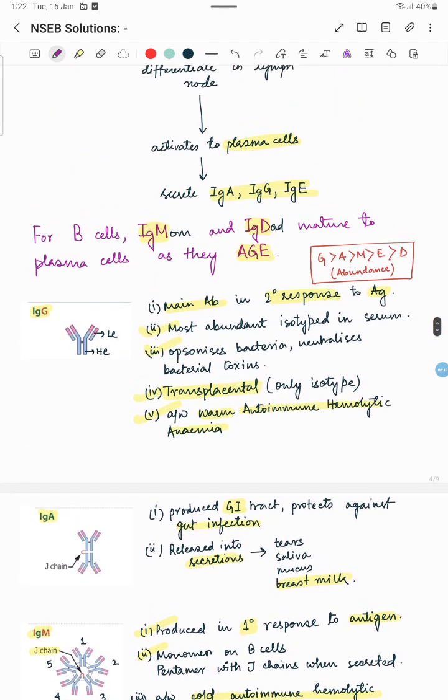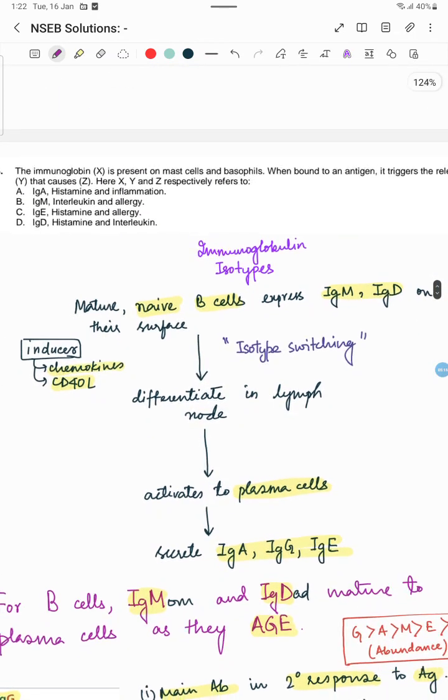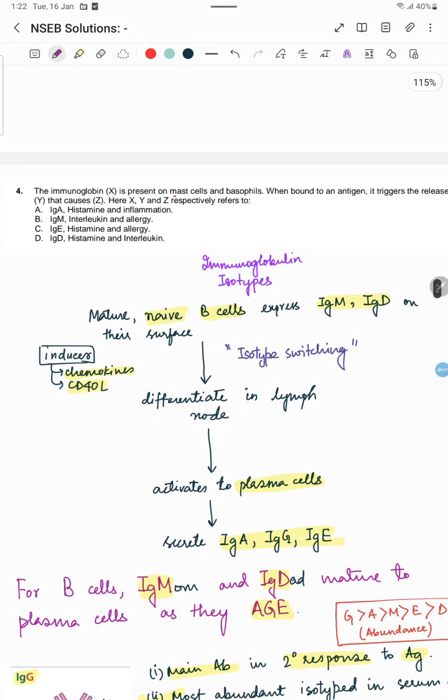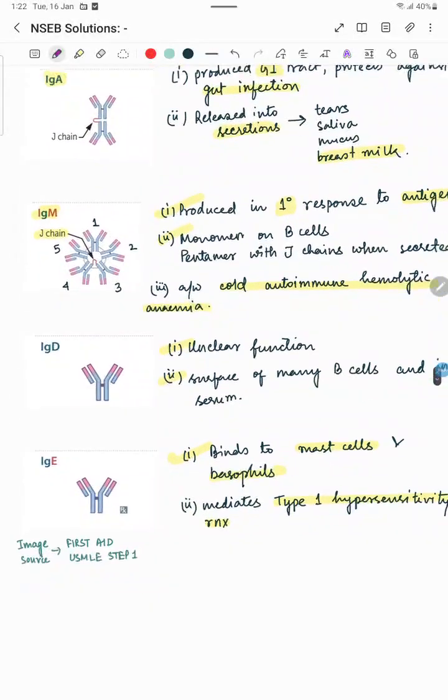Now, coming to our question once again. The immunoglobulin X is present on the mast cells and basophils. So we can understand what this X is. It is IgE, definitely. When bound to the antigen, it triggers the release of Y. We have learnt about many things.